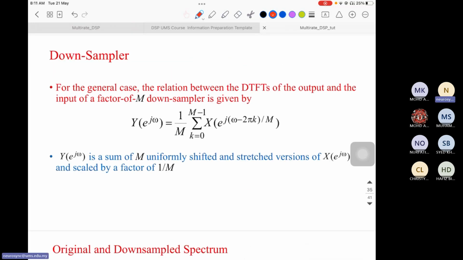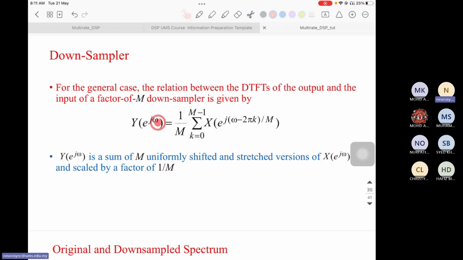So in the general case, the relation between the DTFT of the output and the input of the factor-M downsampler is given by Y of e to the power j omega equals 1 by M, summation over k from 0 to M minus 1, X of e to the power j (omega minus 2 pi k) by M. This is the general relation.